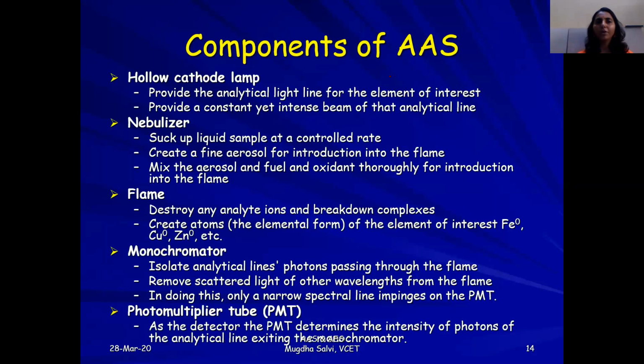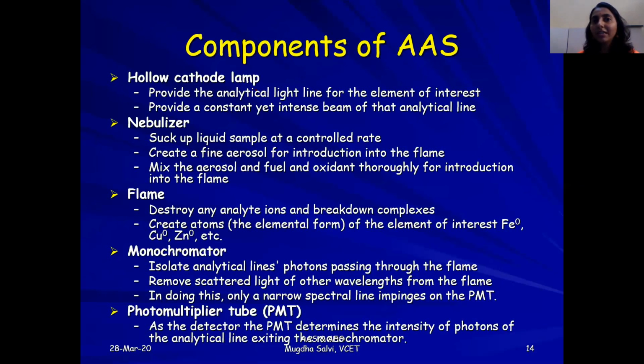So the first component, hollow cathode lamp, provides the analytical light line for the element of interest. That means if I want to check if the sample is containing sodium, I will have to select the hollow cathode lamp which will have sodium as a coated material inside the cathode. Secondly, the filter also needs to be selected accordingly so that it will be filtering out exactly the ranges for sodium.